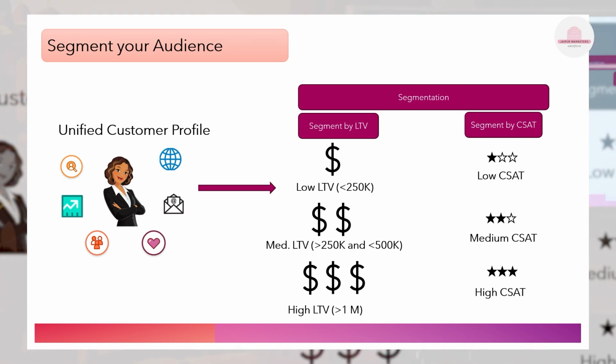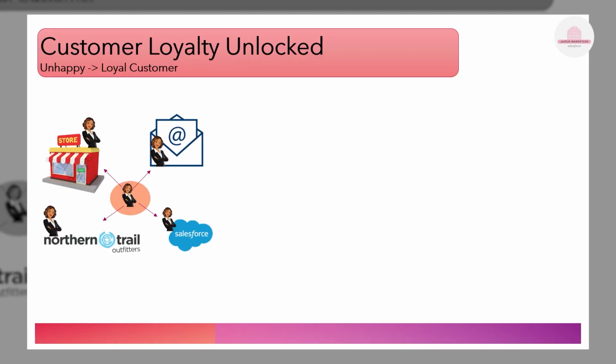Okay, so I think all of you have seen the magic of Data Cloud, how it has ingested the data of a customer from multiple sources where the identity of the customer was different in all the sources.